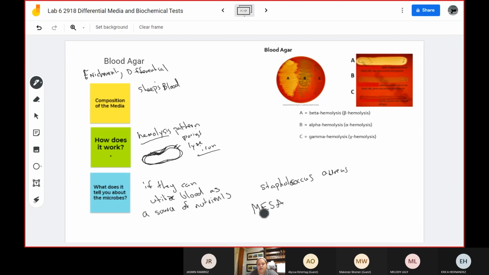So this is an important hospital-acquired infection where Staphylococcus aureus, this SA part of this word, is methicillin resistant. So this is an antibiotic-resistant Staphylococcus aureus. And I believe a Staphylococcus aureus would show the beta hemolysis pattern. So that's just one type of bacteria that would be useful to grow on a blood agar plate.